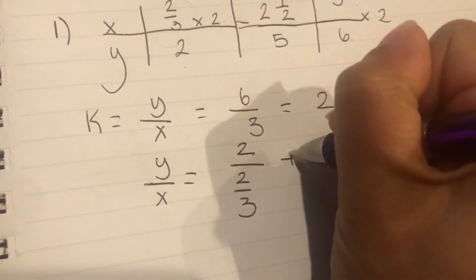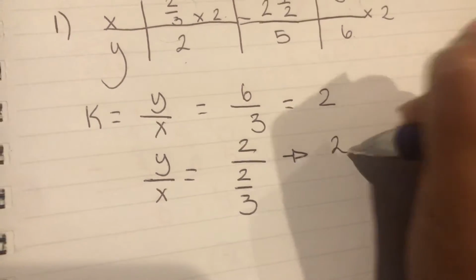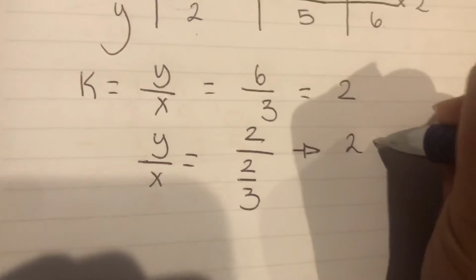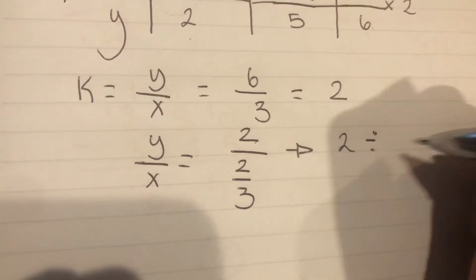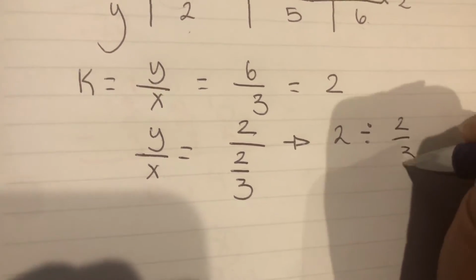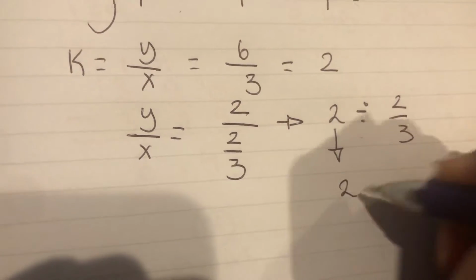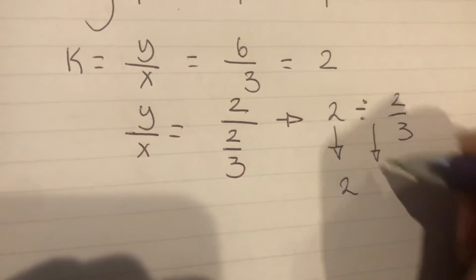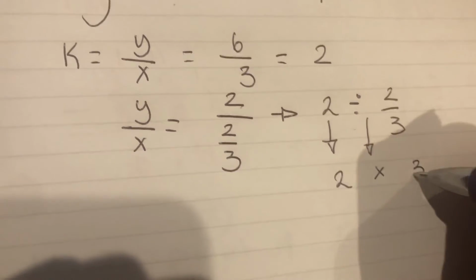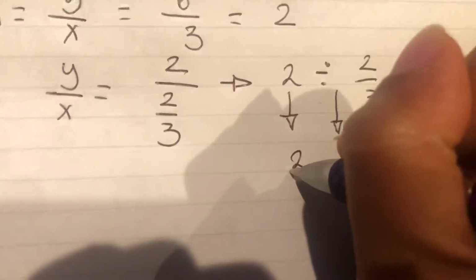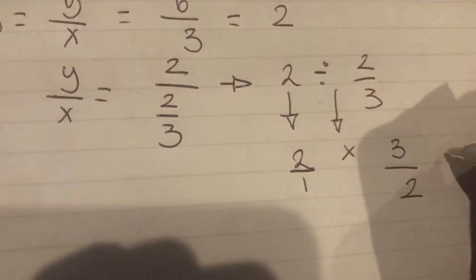Now, dividing a whole number by a fraction is a little bit more difficult. That means it's 2 divided by 2/3. And what you do here is keep the first number, change this to multiplication, and you flip. And so what that gives me is 2 is the same as 2 over 1.